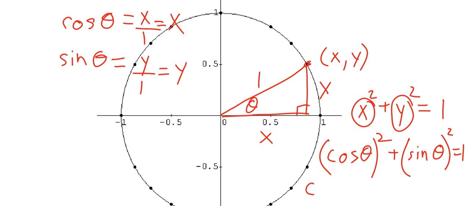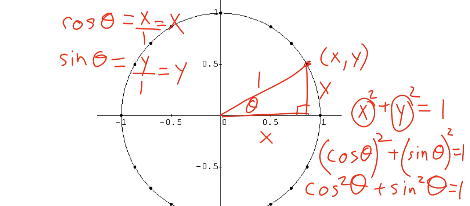Now, in a lot of books, you will see it written like this: cosine squared theta plus sine squared theta equals 1. All they're trying to do by putting that little square next to the cosine or the sine is indicate that they're trying to square the cosine, not the angle theta.